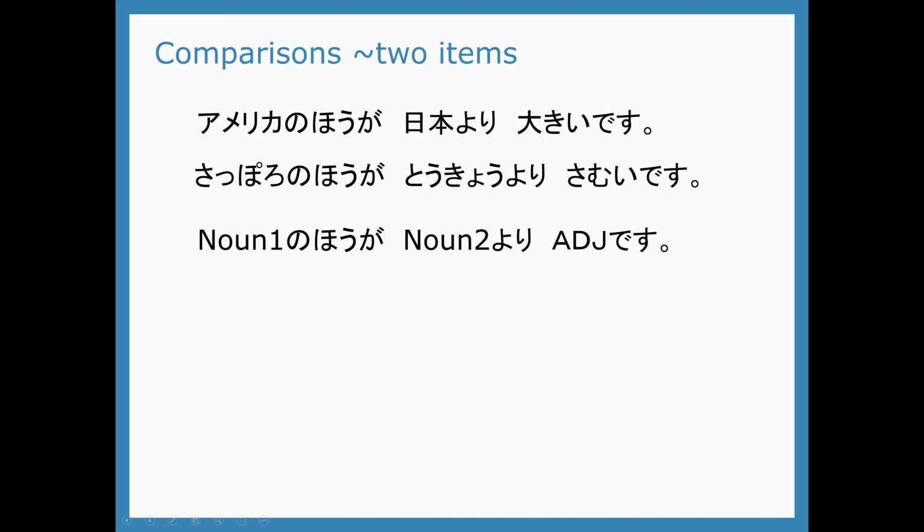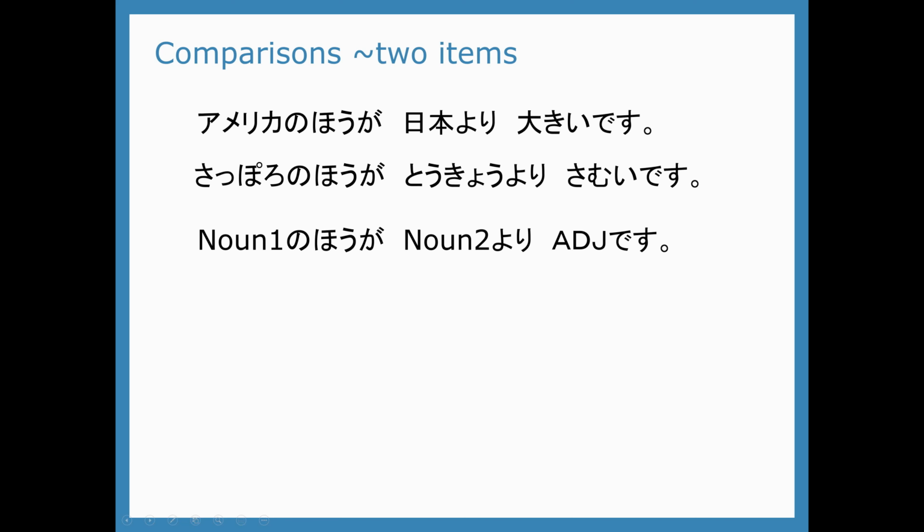So to do this, I start with my first noun, whichever one that I'm saying is more. Noun no ほうが, and then the other noun, the one that I'm saying is less, より, and then my adjective.